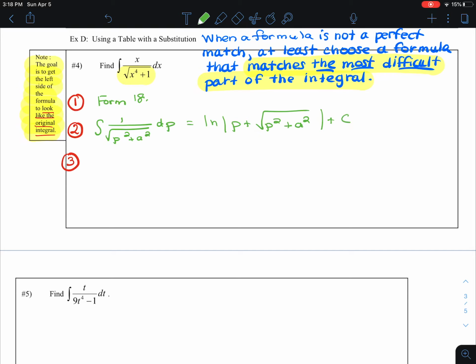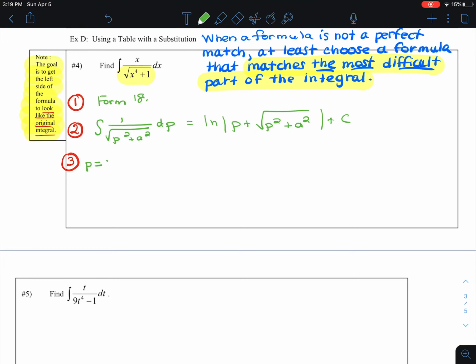Okay, now my third step is to decide, what are my substitutions? Because the goal has to be, after I make my substitutions for the p, for the a, and for the dp, I need the problem to then match this original integral exactly. Now, I'm not just going to swap the p out for an x. I need to think to myself, what's something that I could replace in here for the p so that after I squared that, it would then look like an x to the fourth?